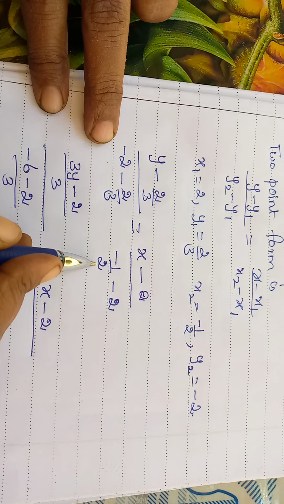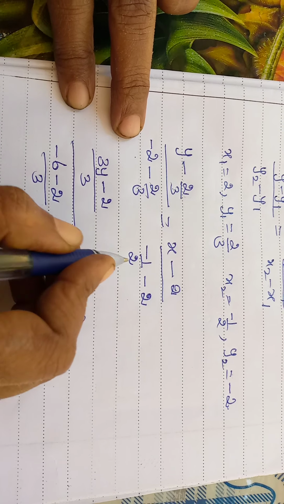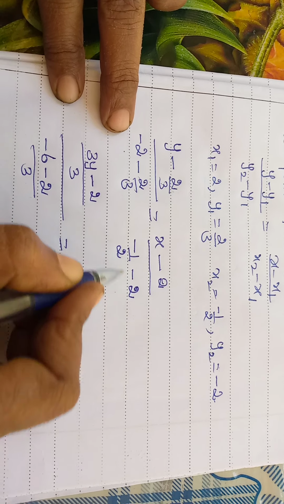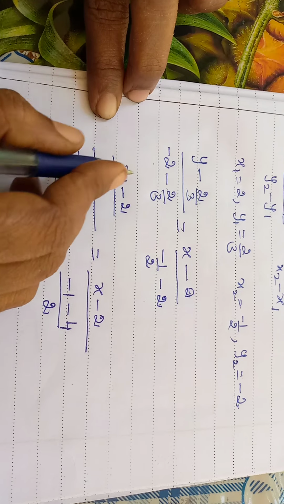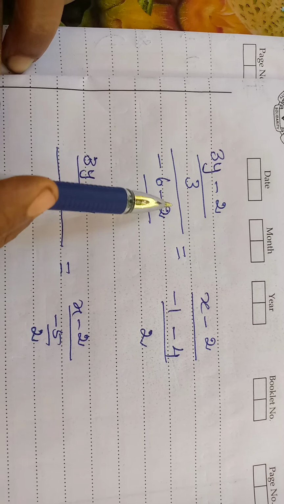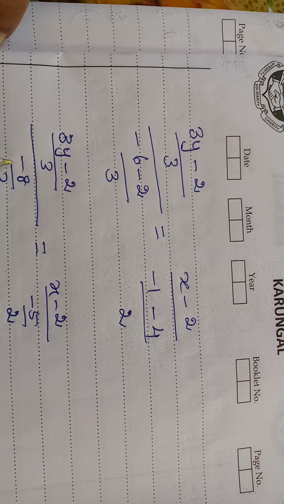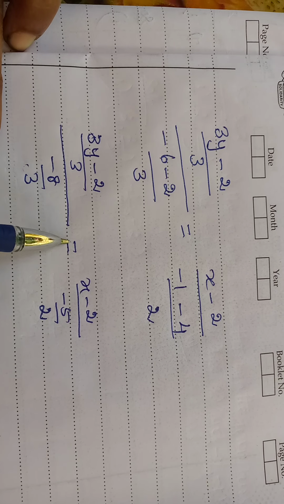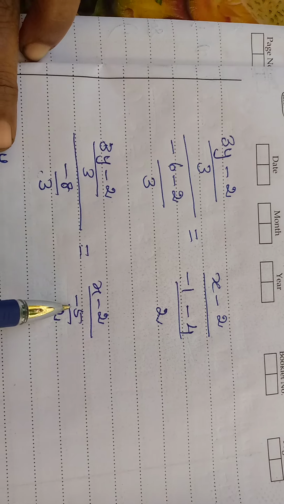Come to the denominator, LCM is 2. So the numerator becomes minus 1, 2 into minus 2, minus 4. Okay, so that we have 3y minus 2 by 3. Here minus 6 minus 2 we have minus 8 by 3, is equal to x minus 2 by minus 1 minus 4, we have minus 5 by 2.